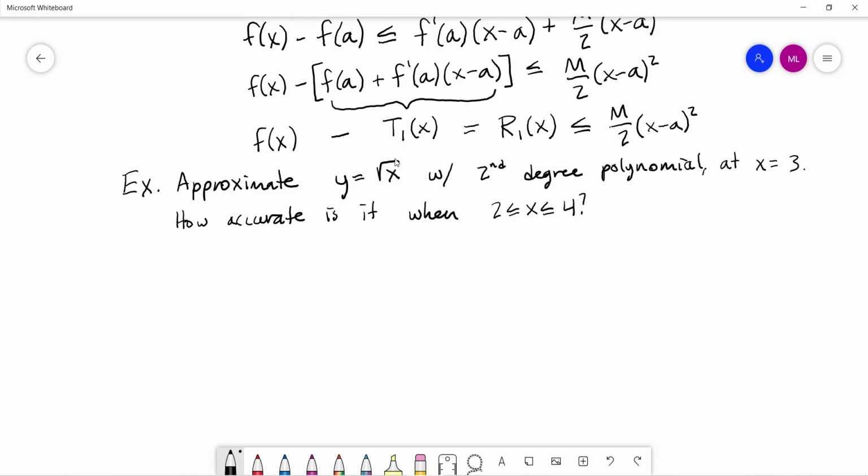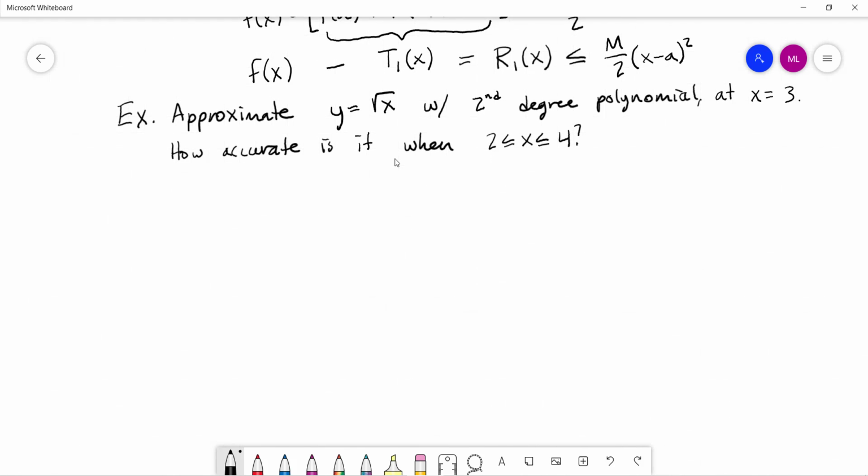Okay, so you can think of this as sort of two parts. The first one is that we want to approximate our function. If you remember how we do that, the formula for our Taylor approximation is that we basically do f of a plus f prime of a times x minus a plus f double prime of a over 2 factorial times x minus a squared plus dot dot dot.